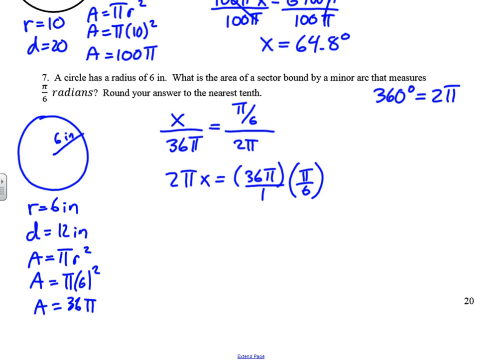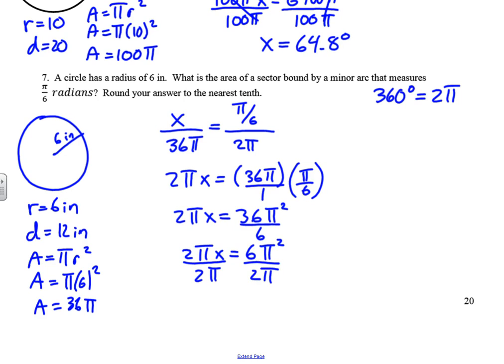Okay, now when you're multiplying fractions, we multiply the numerators. So this would be 36 pi squared divided by 6, which would be 2 pi x equals 6 pi squared. Okay, well now if we divide by 2 pi, and we divide by 2 pi, 6 divided by 2 is 3, pi squared divided by pi is just pi.